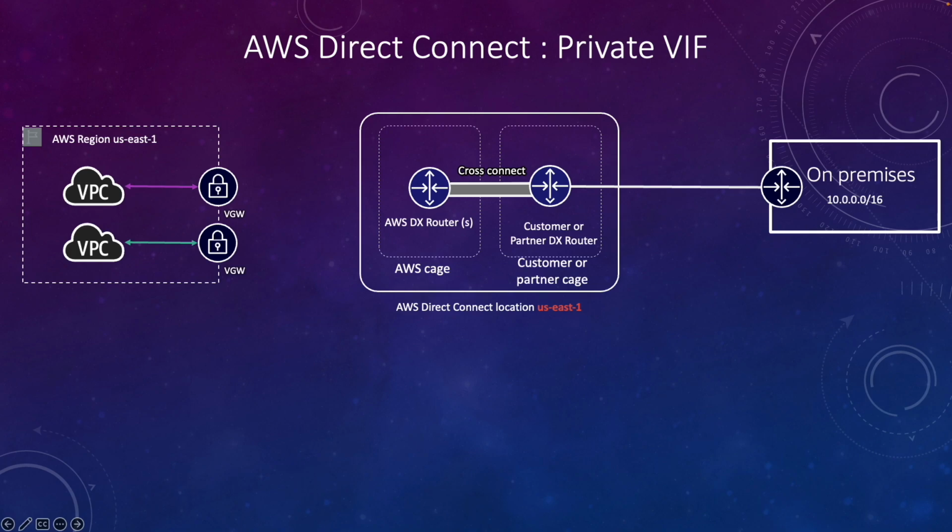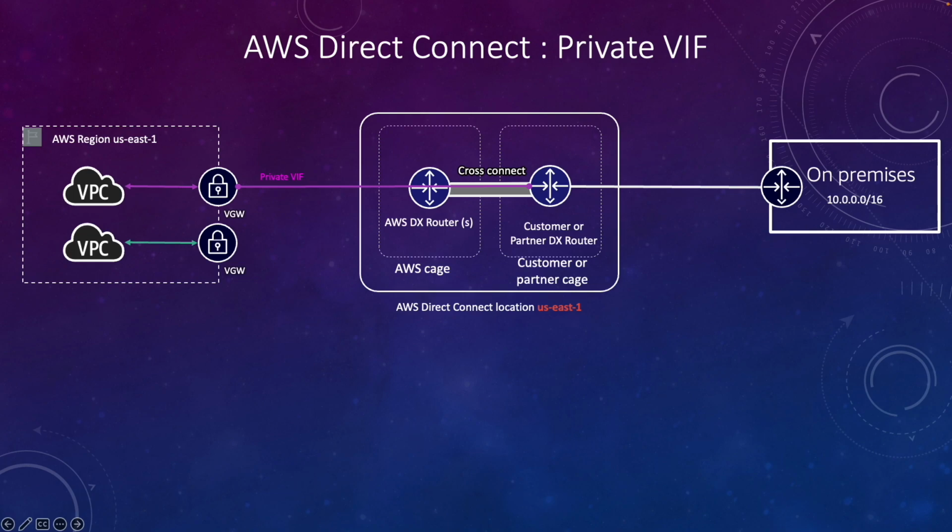So now if you need to access the resources within the VPC, then one of the options you have is the private VIF. Like in this example, if I need to access resources within the VPC from my on-prem data center, then I can create a private virtual interface over my Direct Connect connection.